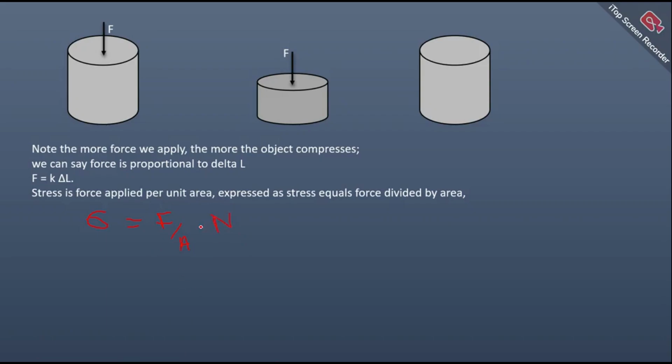We're talking about force over area, so the units are newton per square meter. This is equal to pascal. It is worth mentioning that the SI unit for stress is just pascal. So this is the formula, and the units are pascal, as we have discussed.